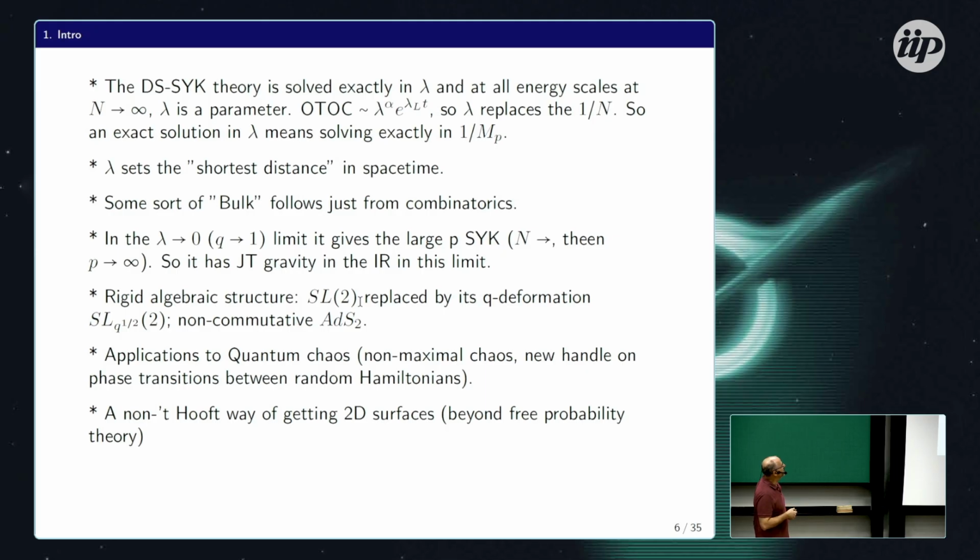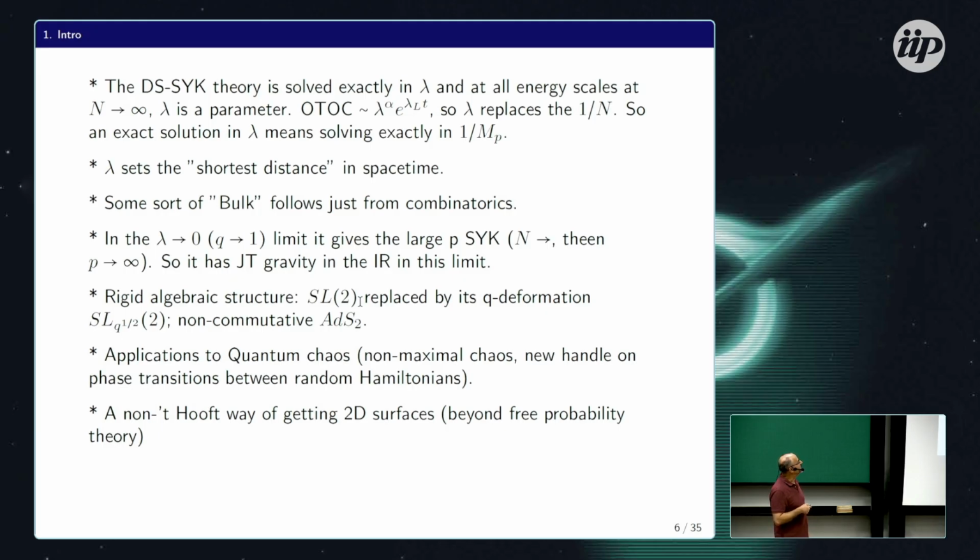Let me just summarize what I've been looking at. We can solve this exactly in the parameter lambda at a fixed energy scale in the limit n going to infinity. The OTOC looks like some power of lambda to the chaos exponent. Usually we are used to having 1 over n there, and we are used to 1 over n being something like 1 over M Planck, some gravitational interaction.